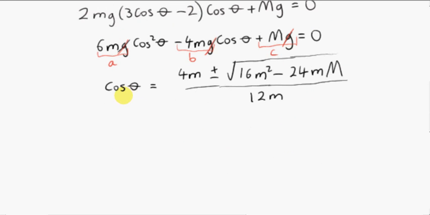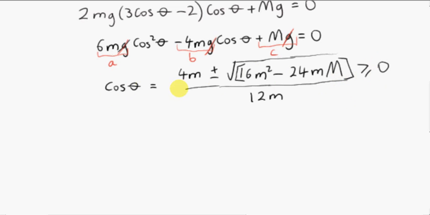Now here's what's interesting. We are solving this equation for cos of theta to find the angle for which the hoop loses contact with the ground. And now we can actually answer the question, because to find that angle theta we have to get the square root of this quantity here, and we will only have a solution, we will only have a real angle, when this quantity in here is greater than or equal to 0.